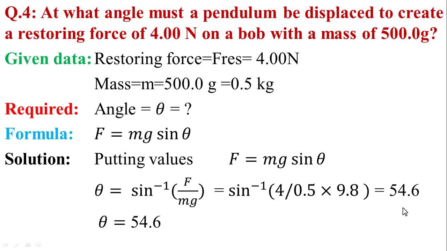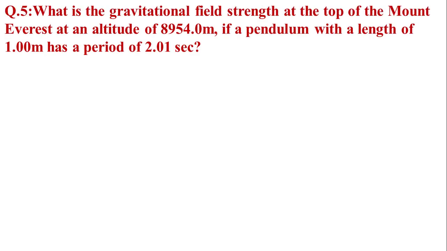Now in question number 5: what is the gravitational field strength at a point at an altitude of 8,954 meters, if a pendulum with a length of 1 meter has a period of 2.01 seconds?